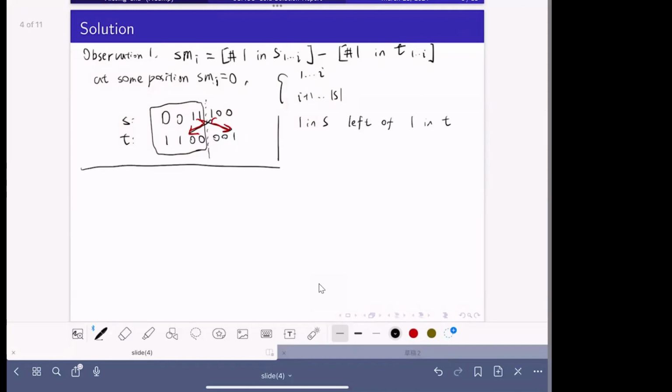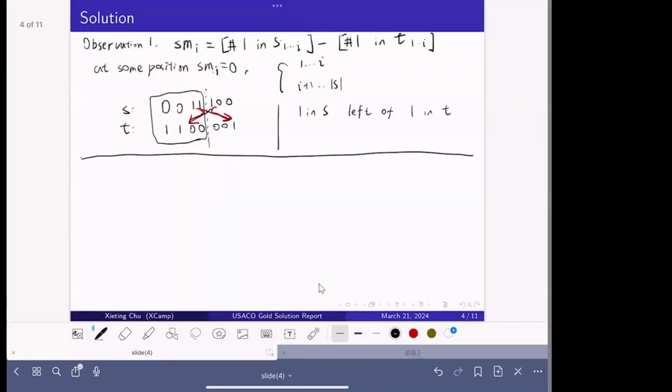Okay, now after this observation, we turn this problem into an easier one, where in each subproblem all the ones in S are to the left of the ones in T. And then comes a very magical part: we can turn the positions 1 to n into a k times n over k grid.